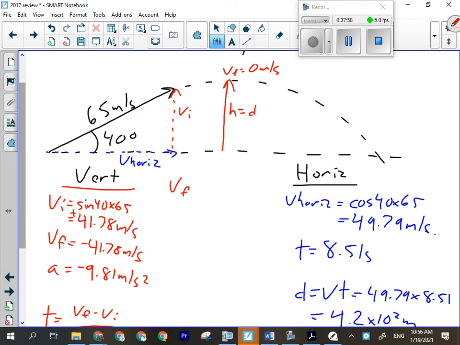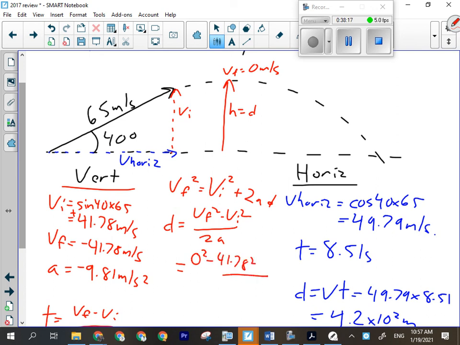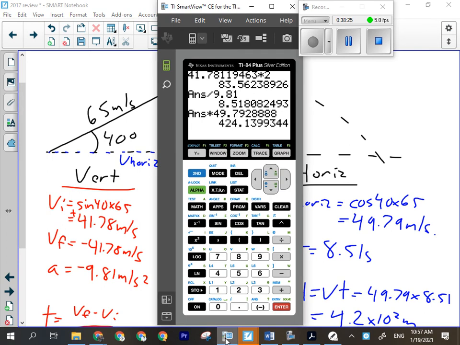So I would say VF squared equals VI squared, because I have both of those, plus 2A, I have that, D, which I'm looking for. So D will equal VF squared minus VI squared over 2A. So that'll be 0 squared minus 41.78 squared divided by 19.62. And that's negative.